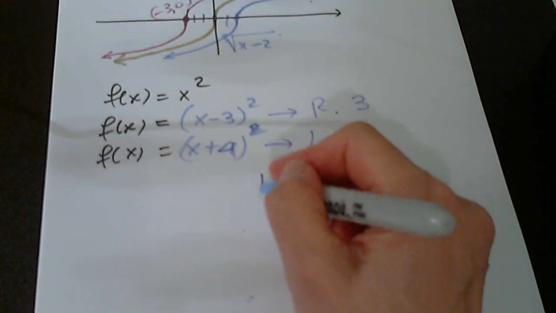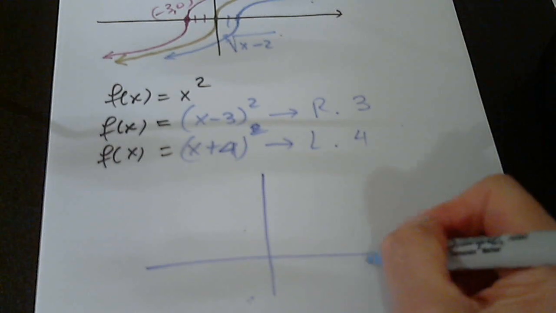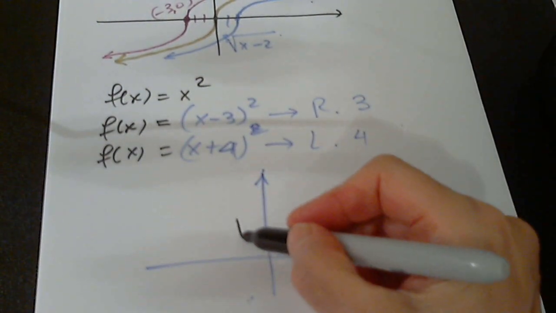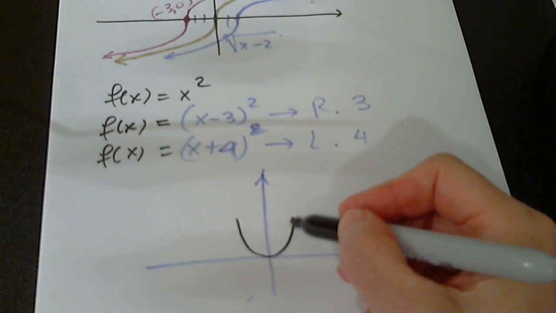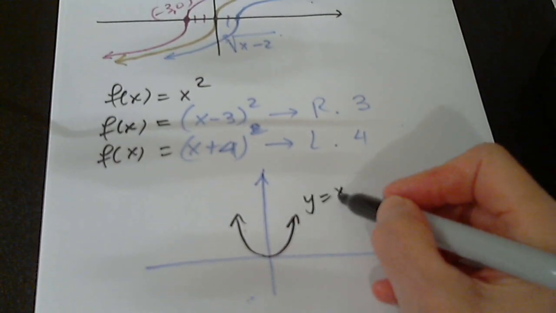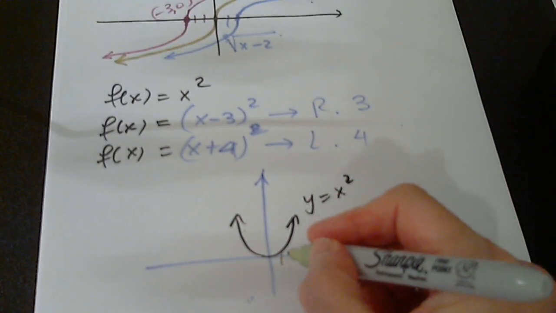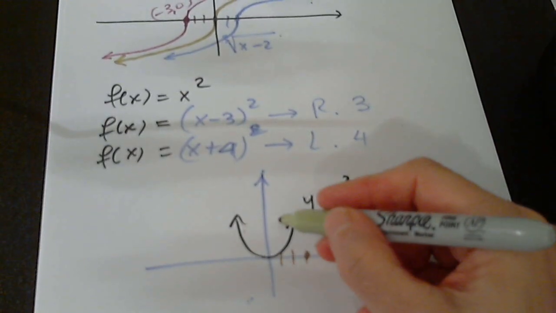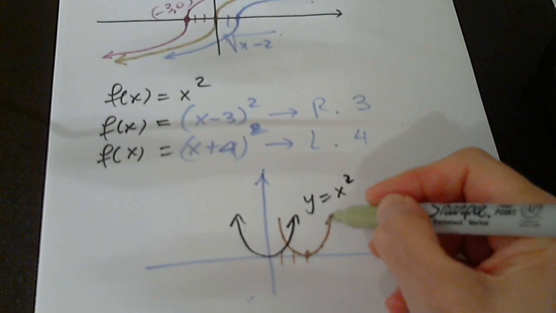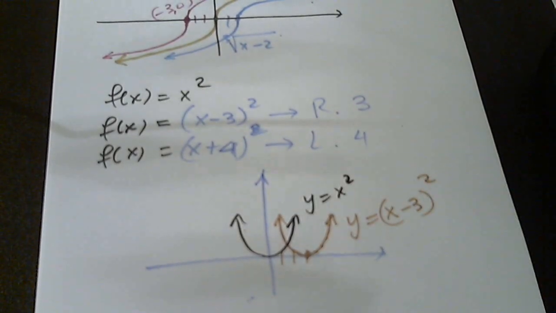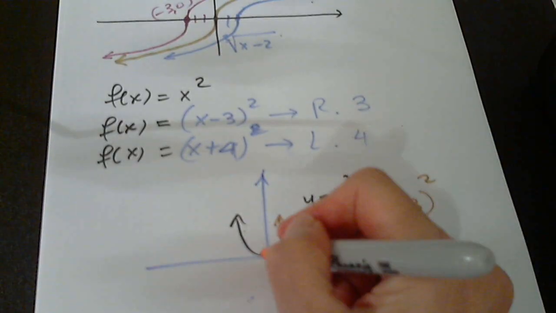So let's graph. We're going to graph x squared first. Very simple. Nice graph. You already told me that the first one moves the graph 3 units to the right. And you already told me that the other one moves the graph 4 units to the left.